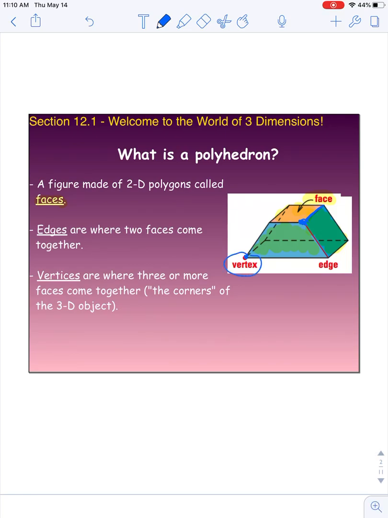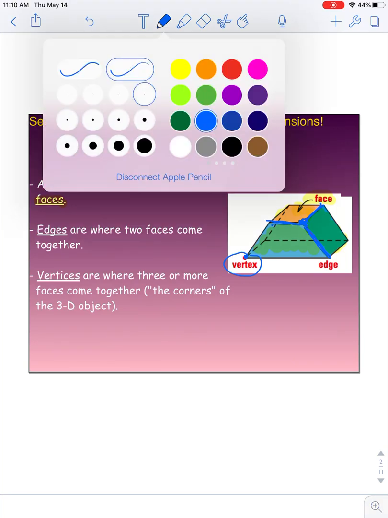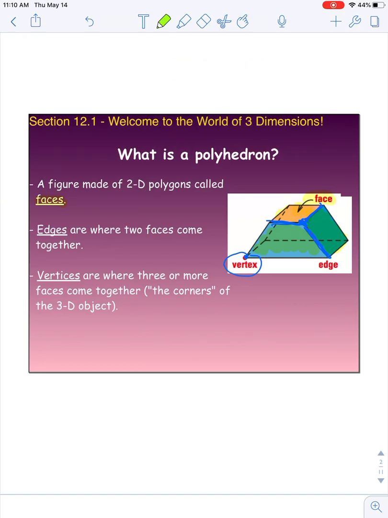That's a vertex. It's also where really the edges come together. So this edge right here, and this edge right here, and this edge right here, joining those faces, they create a vertex. So kind of the corners.